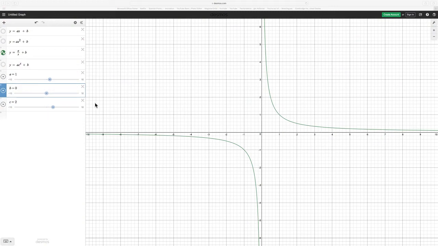Here's the graph for 1 over x, y equals 1 over x graph. A is 1, b is 0. What we can see here, if we look at the inputs, is that as our x gets bigger and bigger, our y gets smaller and smaller until it approaches 0. Because as x becomes very close to infinity, y gets very, very close to 0.